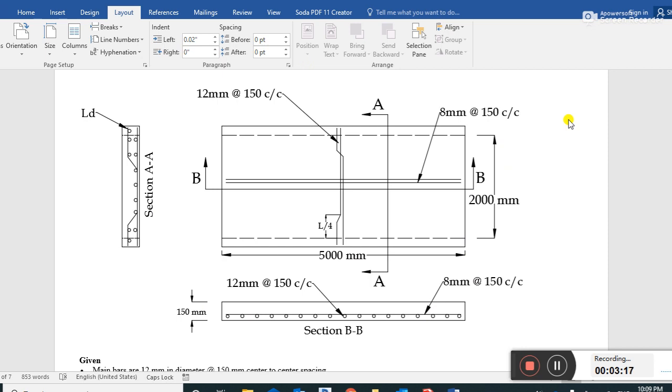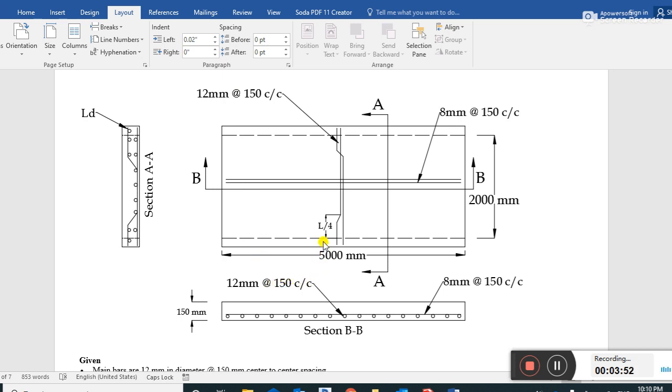You see this 8 millimeter at 150 center to center. This is the spacing of bars with a diameter of 8 millimeter. This is 12 millimeter at 150 millimeter center to center. This is the main bar, and these are the distribution bars, with dimensions and size as you can see.